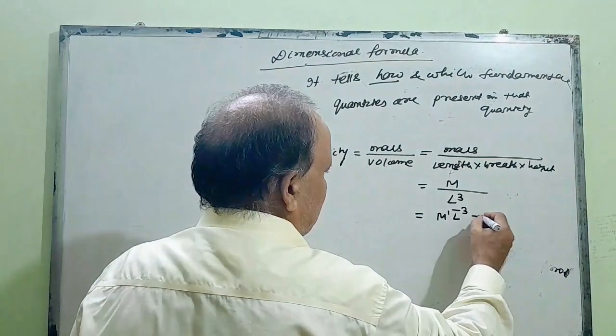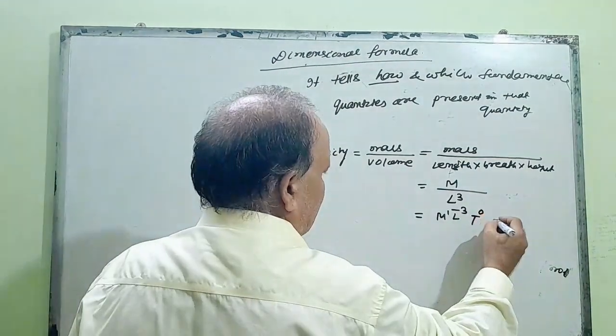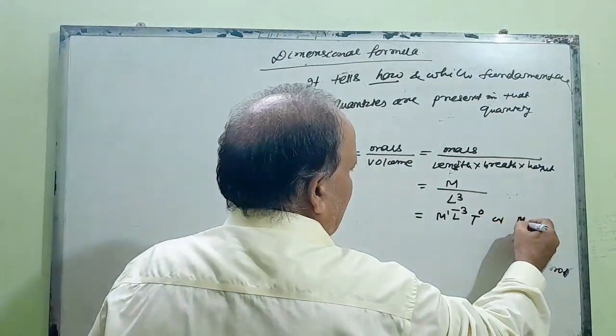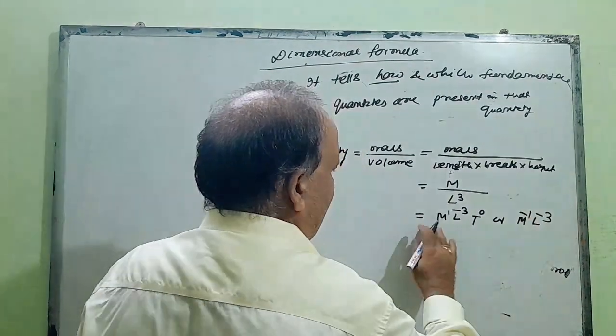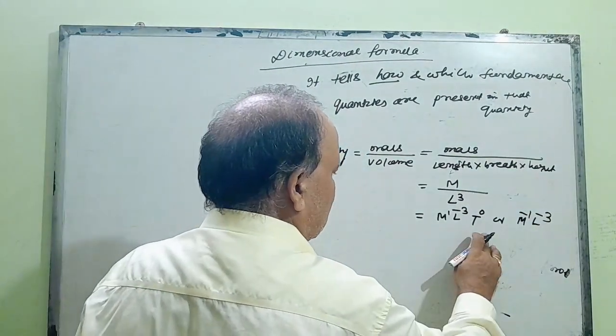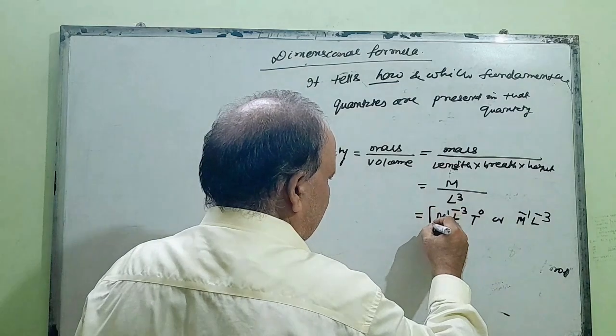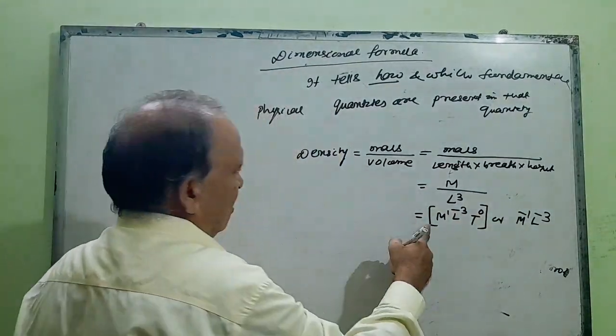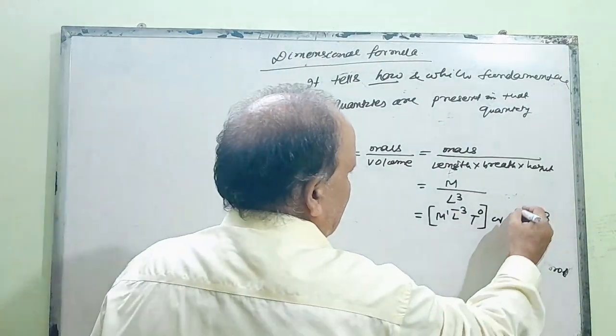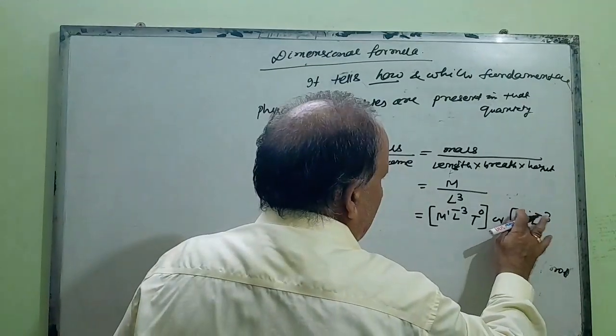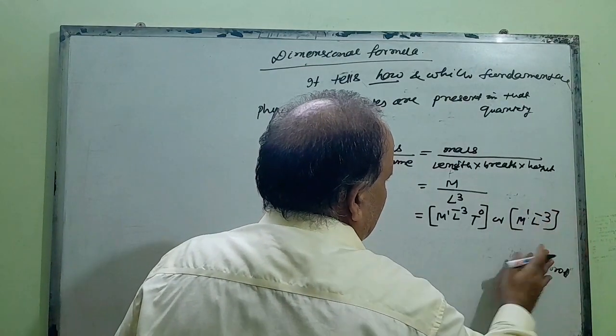Since T is absent, you write T is equal to 0. Or we can write M^1 L^-3. After writing this, you don't use comma, just give a square bracket. This is the density, or we can write M to the power 1, L to the power minus 3.